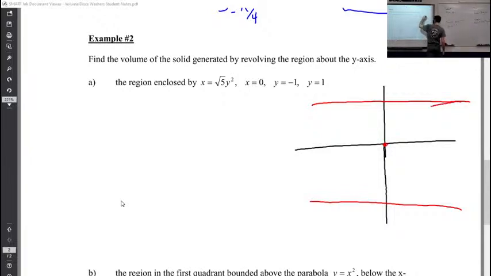I'm going to draw out a sideways parabola. It's opening out to the right since it's positive. And then our other boundary is the y-axis. So here and here. So that is my region here.